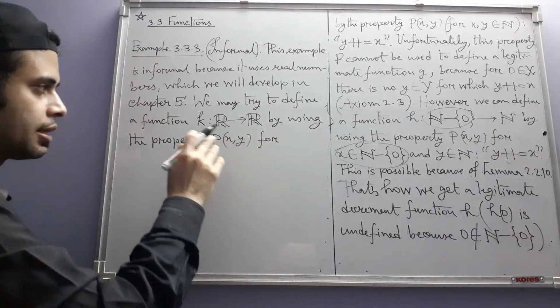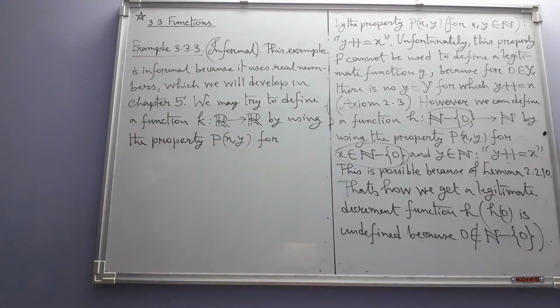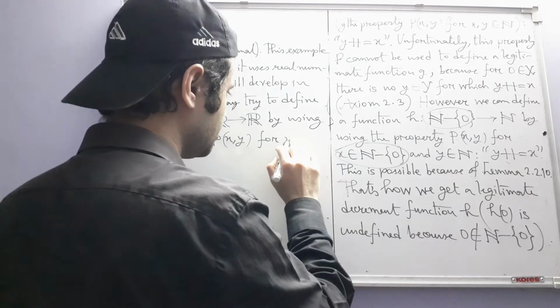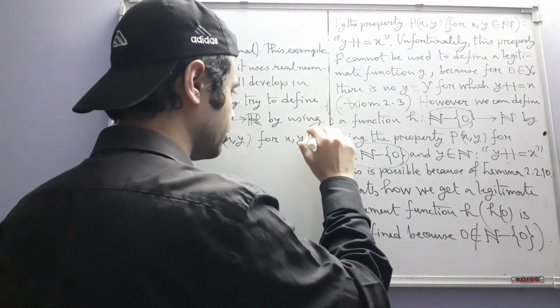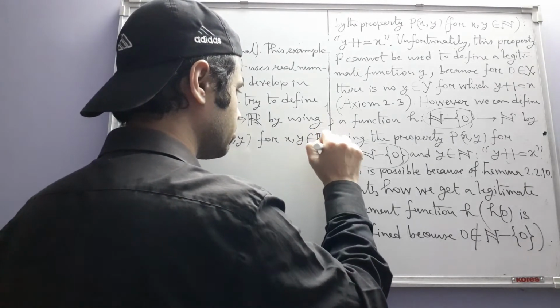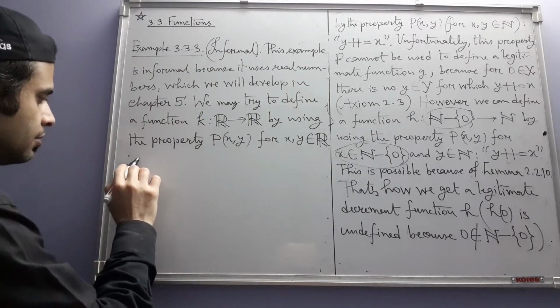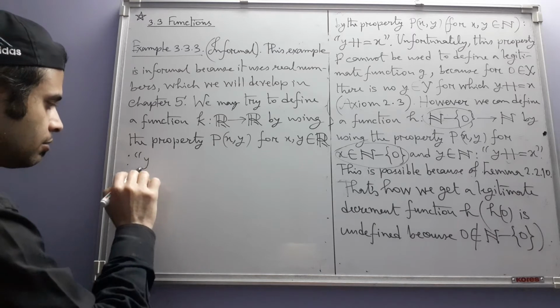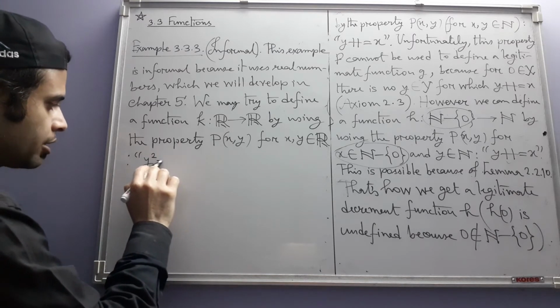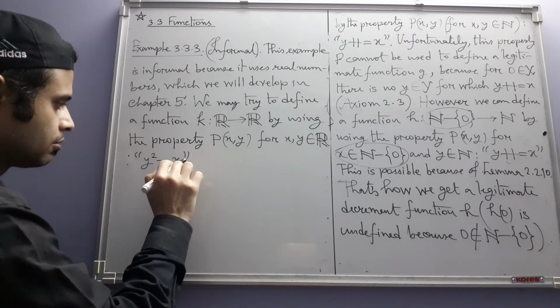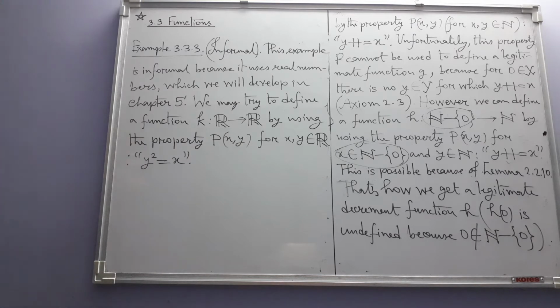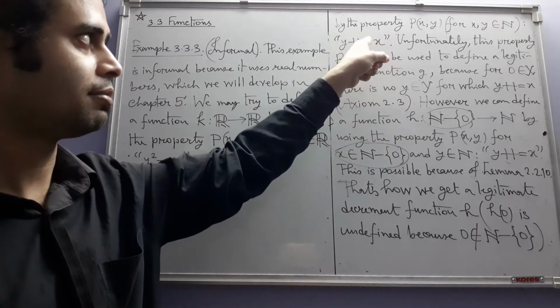Here, since capital X and Y are the same set, our elements will be coming from that only. And this is my definition of the property: y squared is equal to x. Okay, so this is my property. But this property creates more problems than what we have had here.